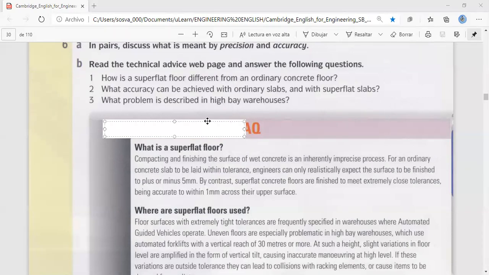And I have extremely accurate areas in different surfaces. I think that is the main difference, no?